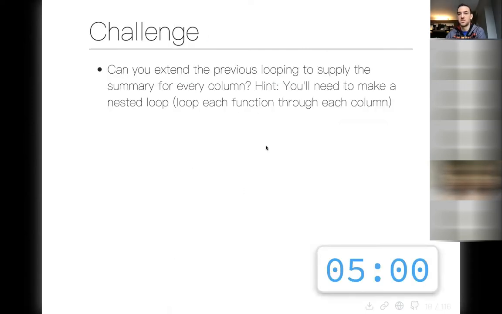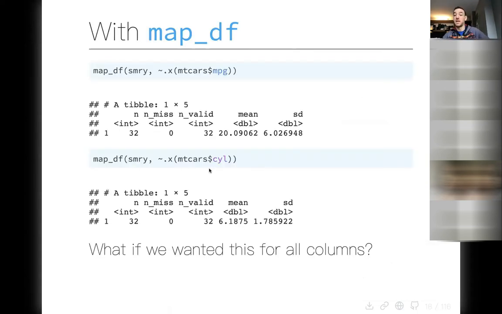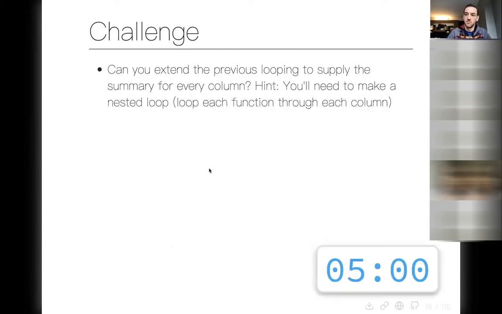And I would like you to try to extend that code that I was doing here to make it work for all columns. Okay, this is definitely challenging. So if you don't get it after 5 minutes, don't worry, but I'd like you to play around with it and see how far you can get. Okay, any questions? All right, go ahead.